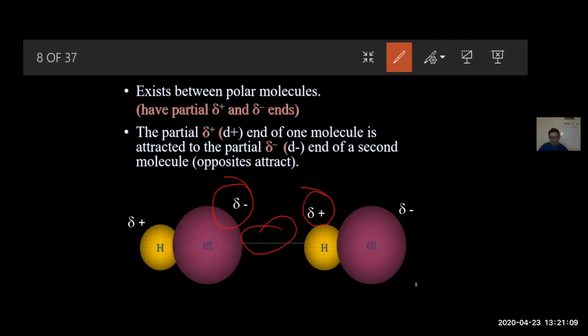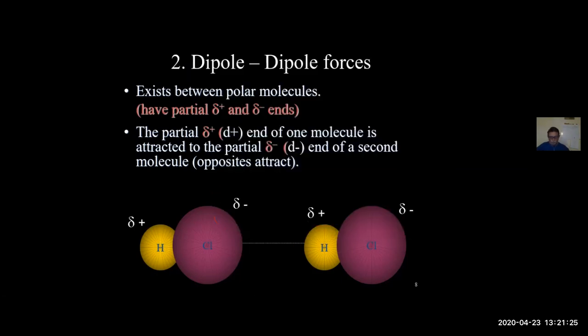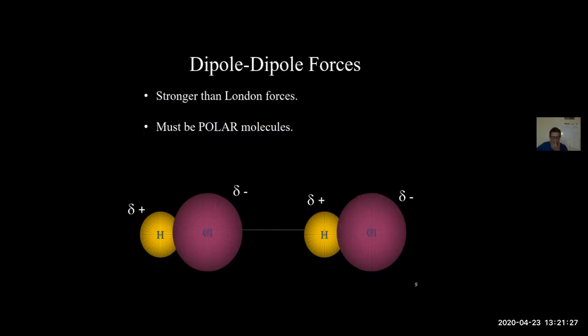Opposites attract. The strength of that interaction determines physical properties like boiling point, surface tension, and so forth, which we're going to talk about in a bit. These are much stronger than London forces, and the molecules must be permanently polar.